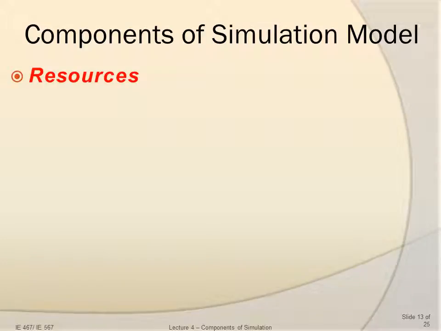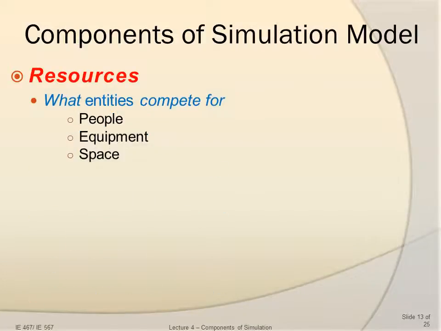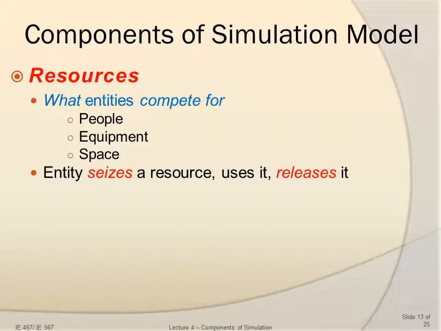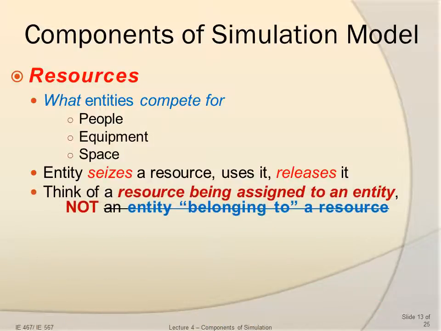So another very important component of any simulation model is a resource. Resources are what entities compete for. Example, people, equipment, space. Entity seizes a resource, uses it, and then releases it.